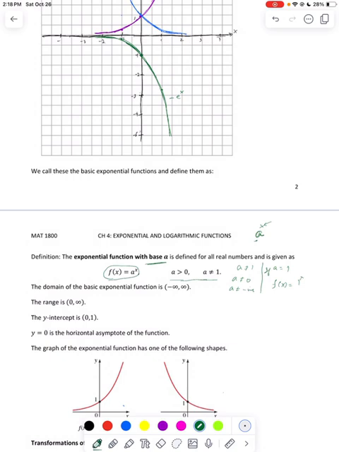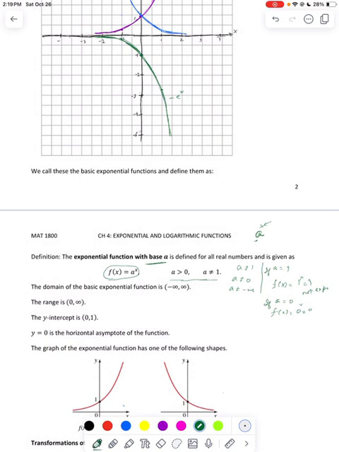No matter what value of x you choose, you'll get 1. 1 is a constant function, so this is not exponential. If a is equal to 0, your function becomes 0 to the x, which is 0, which is not exponential.